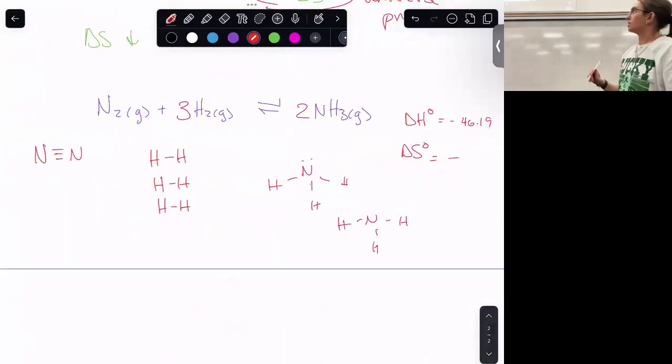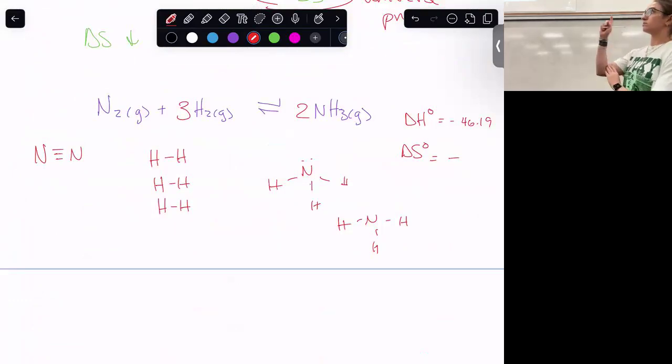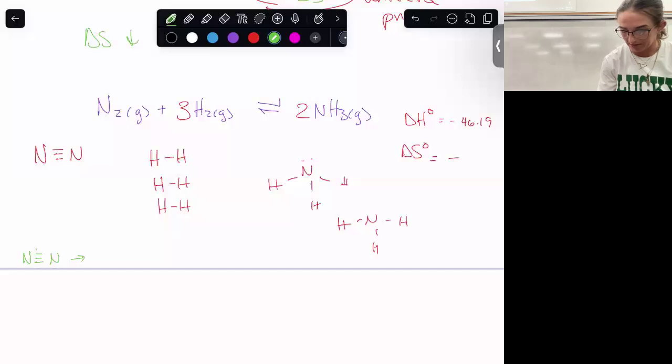Right, so this would be a negative one. When we're looking at what's being broken, we have a triple bond being broken and 3 single bonds. And then 6 single bonds are being formed as we form NH3. We need to break all of these apart and then reattach them. These all have an energy associated with them. So, N triple bond could be, I don't know, 300, and then H single bond would be, I'm sorry, 100.